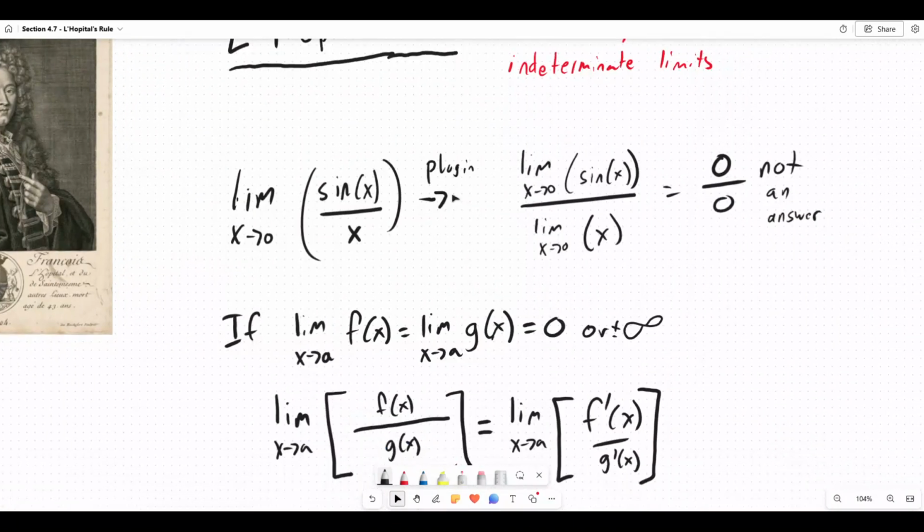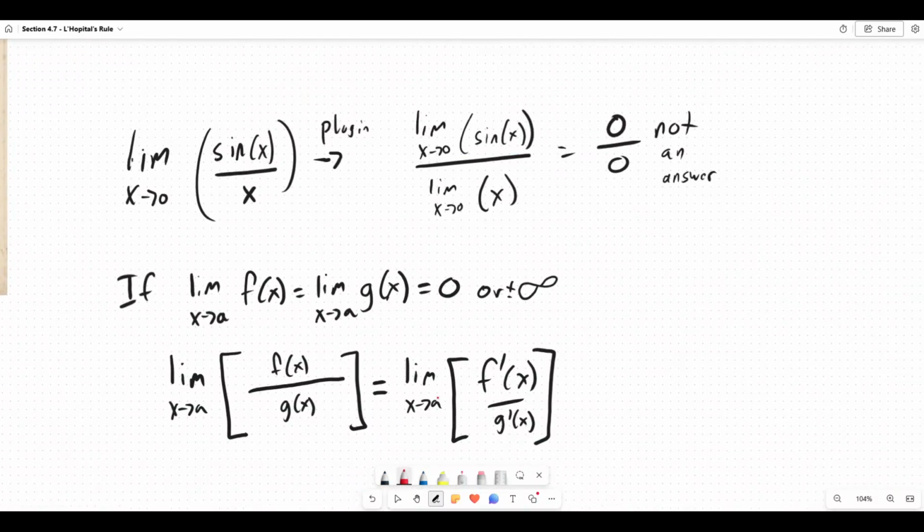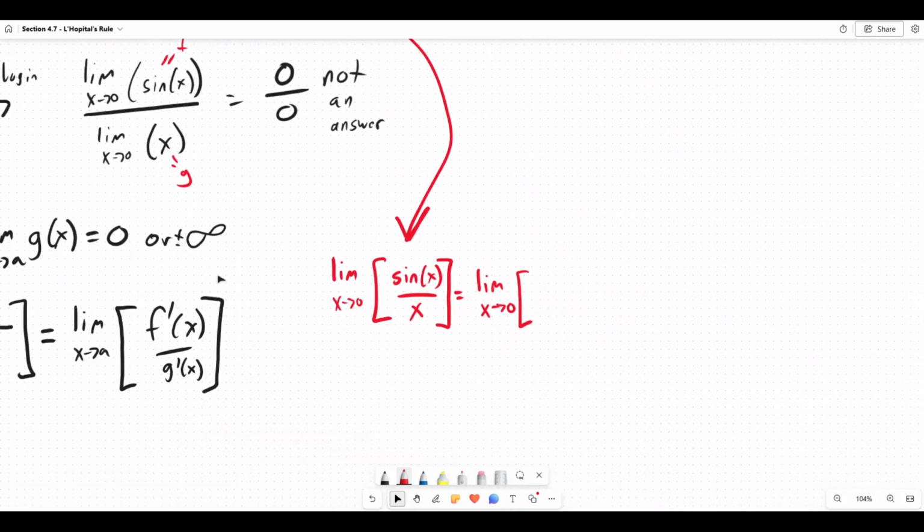So, what does that look like in practice? Well, let's take sine of x and x. If we call this f and this g, you can see that the limit of both f and g are both 0, which means I can rewrite, using L'Hôpital's rule, that the limit as x approaches 0 of sine of x over x is going to equal the limit as x approaches 0 of the derivatives of sine and x.